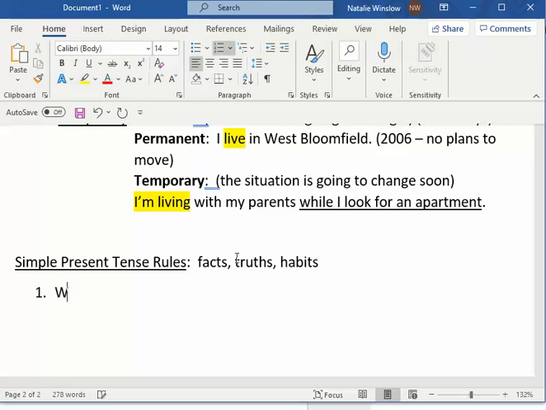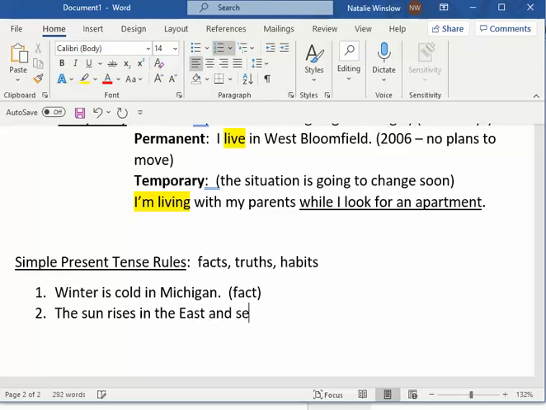So, some examples. Winter is cold in Michigan. That's a fact, right? The sun rises in the east and sets in the west. That also is a fact.